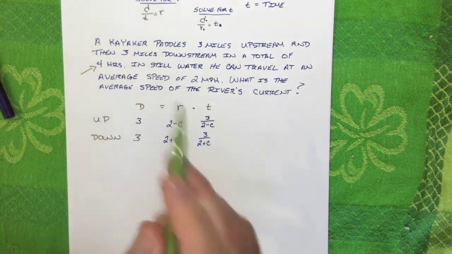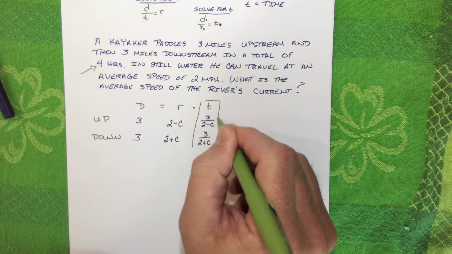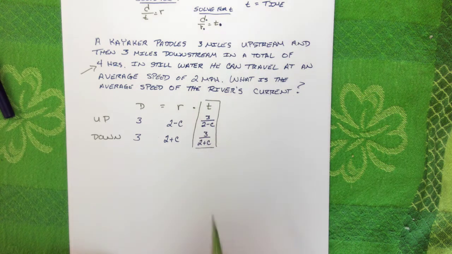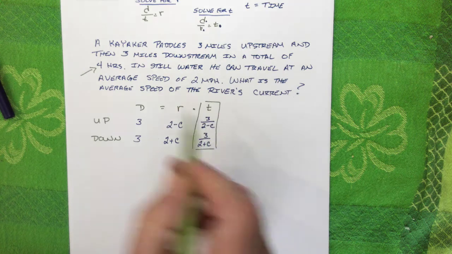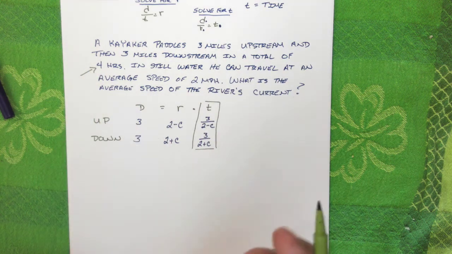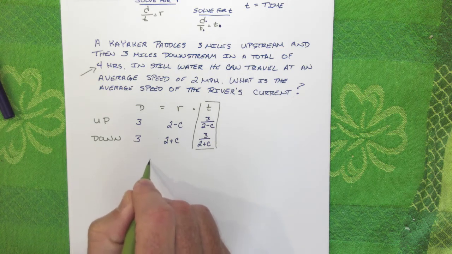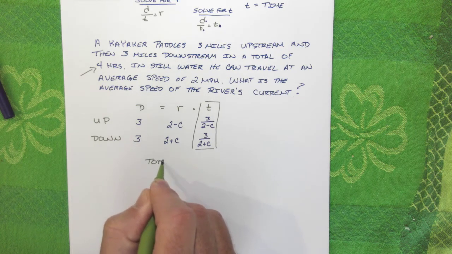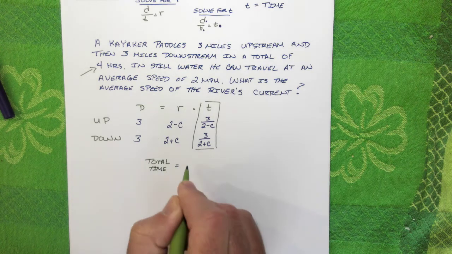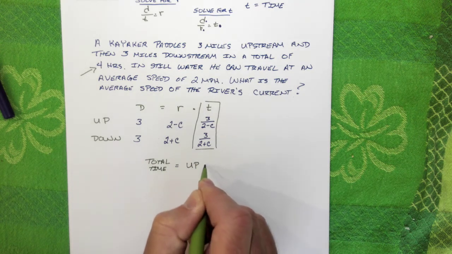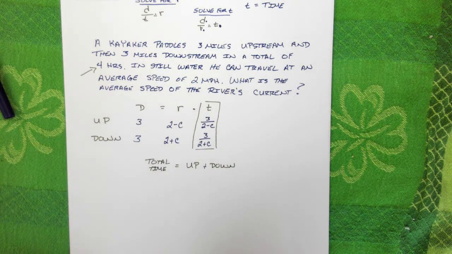What we have is this. Our time going up the river and down the river was this for the rental or whatever you had. So 4 hours. So our total time will equal how long it took us to go upriver plus how long it took us to go down the river.